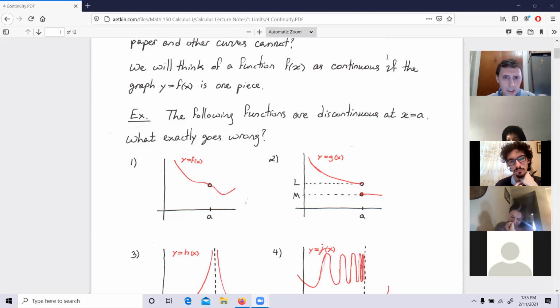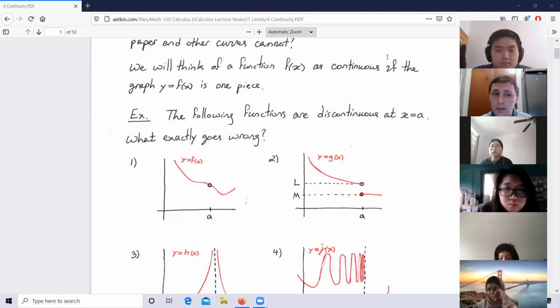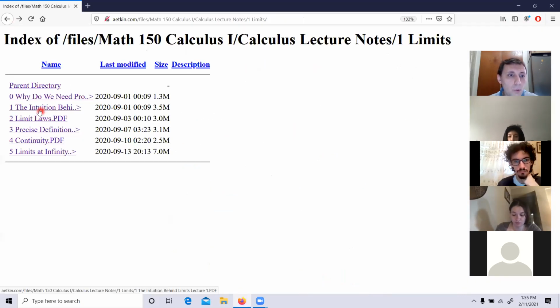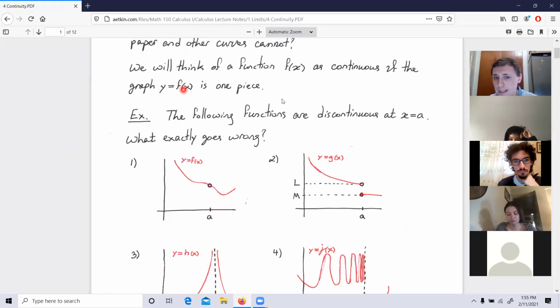We jumped through limit laws. Yes? We jumped through limit laws. That's all it is. The way it goes is here: 1, 2, 3 is what we jumped, and we're now in 4. 3 is the precise definition of limit.